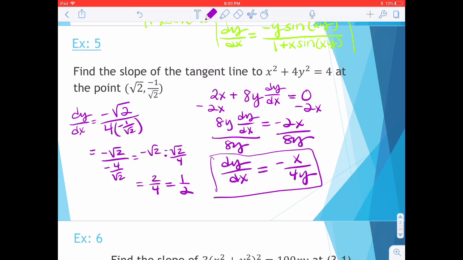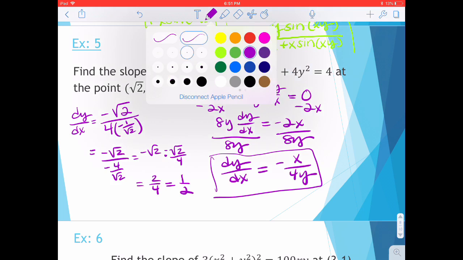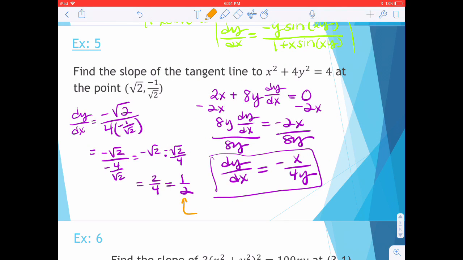So this is the slope of the tangent line at (square root 2, negative 1 over square root 2).